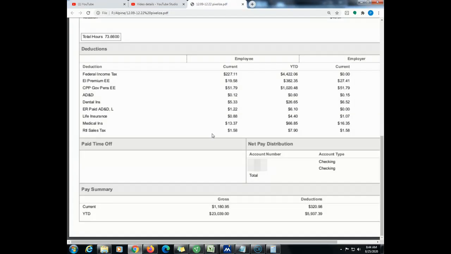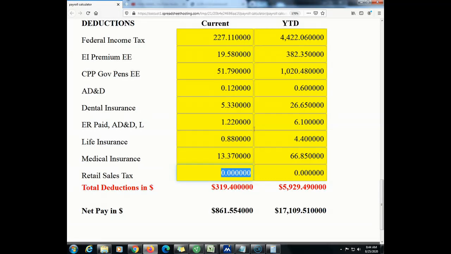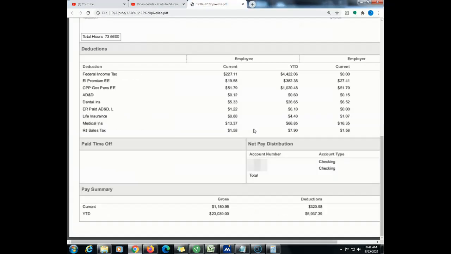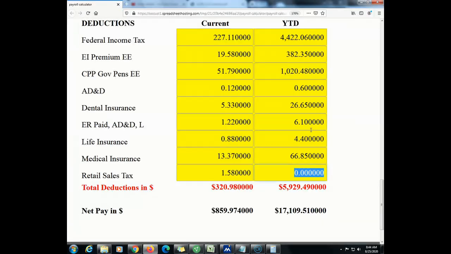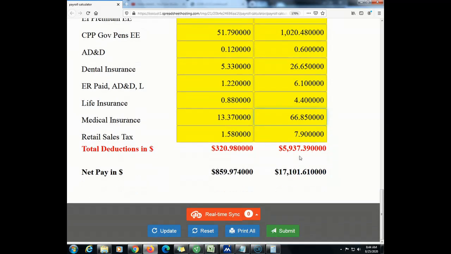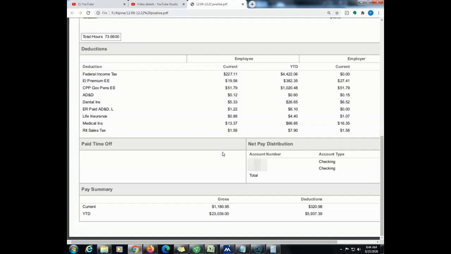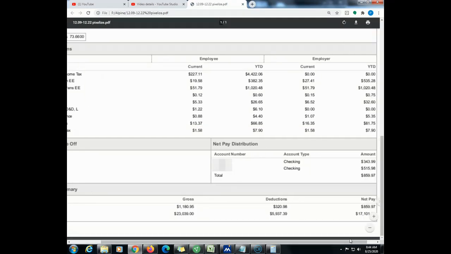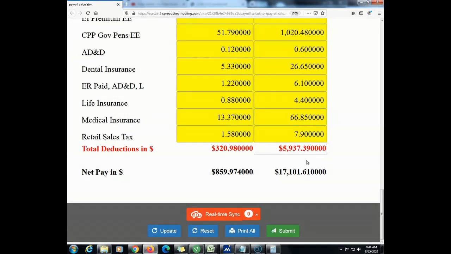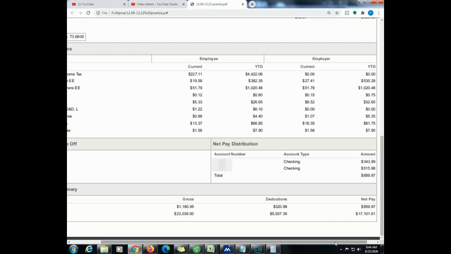Retail sales tax, $1.58. Year to date, $7.90. Notice this calculator automatically figures out your total deductions, which comes about $320.98, and your year-to-date deduction is $5,937.39.